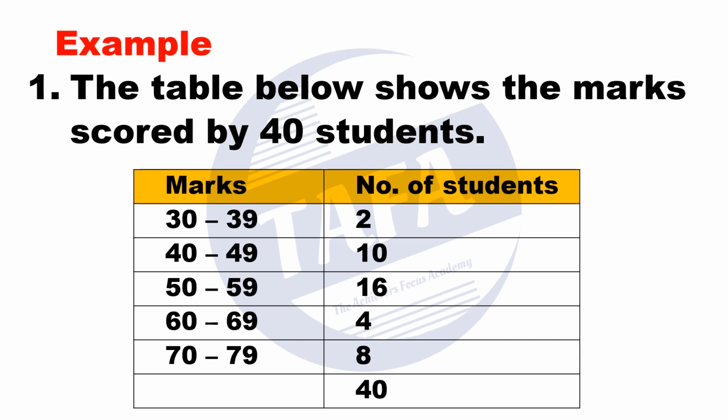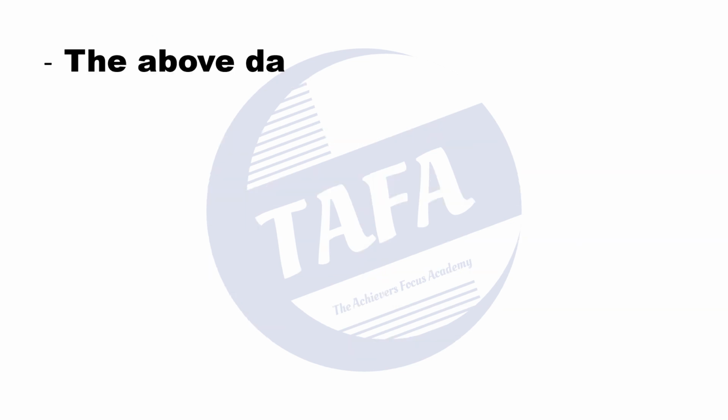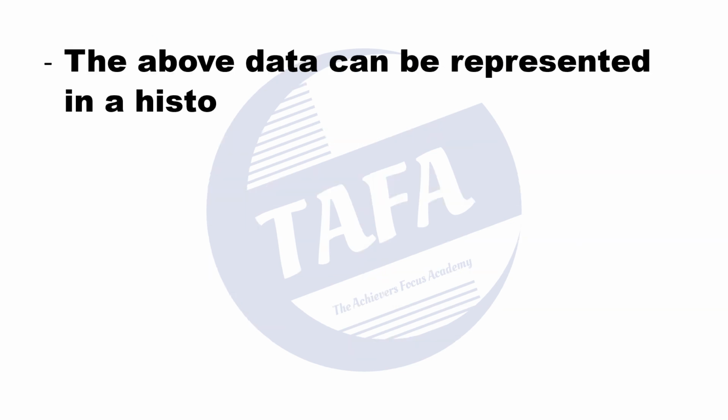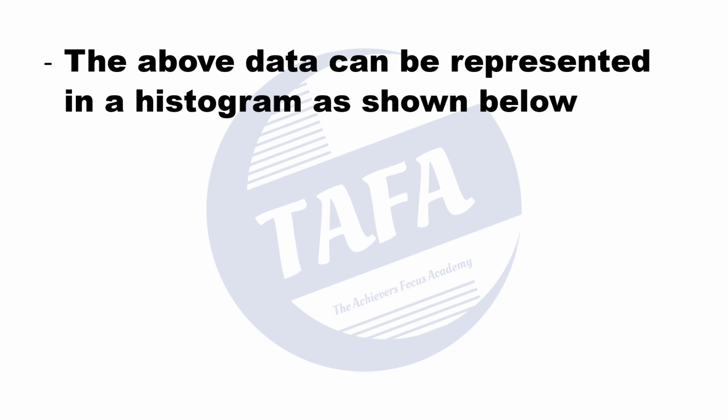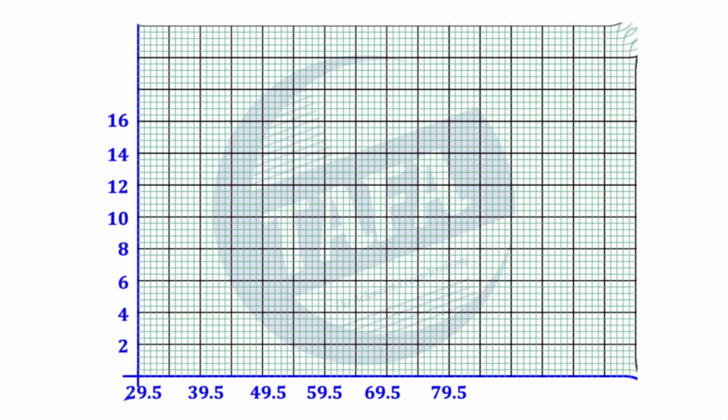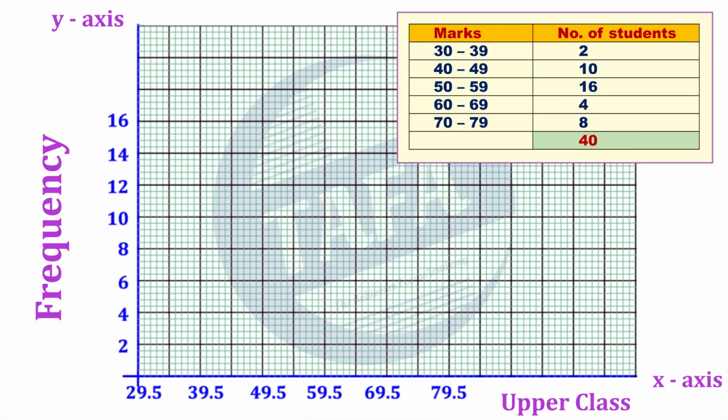So you notice that the class width for all the classes is uniform, and that is equal to 10. So the above data can be represented in a histogram as shown. So we draw a Cartesian plane with the y-axis, which is well labeled, and the x-axis.